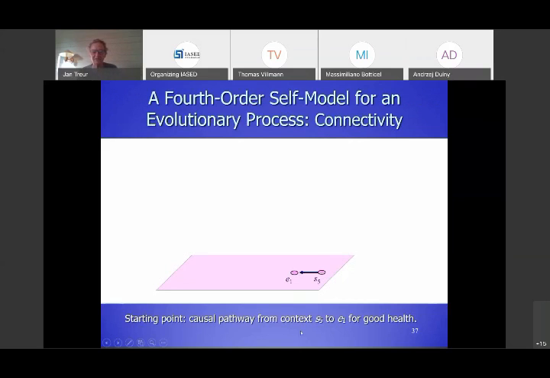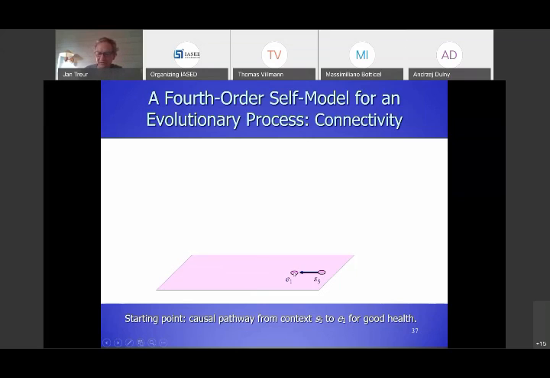So this is the base level. To keep it a bit simple, regarding the term causal pathways, I made just one arrow for the whole causal pathway. So it's a bit abstract. There should be a whole causal pathway in between these things. This is the causal pathway from the environmental context characteristics or states to the health level.